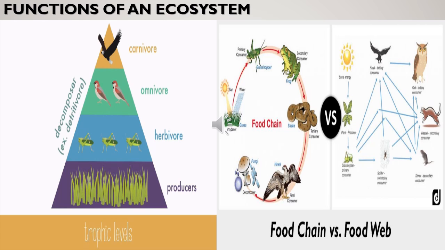Interlocking means two or more things that overlap or fit together. Interdependent means they depend on each other.